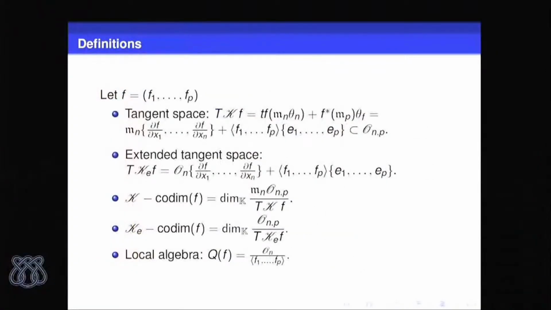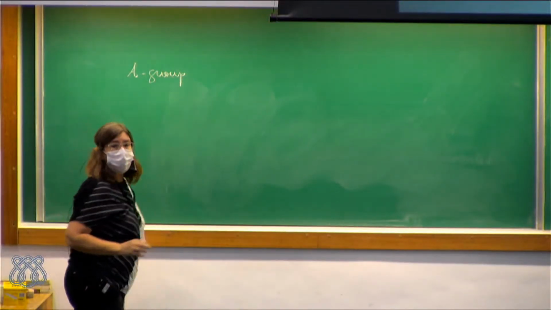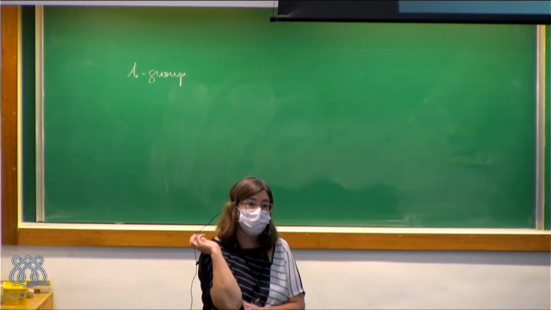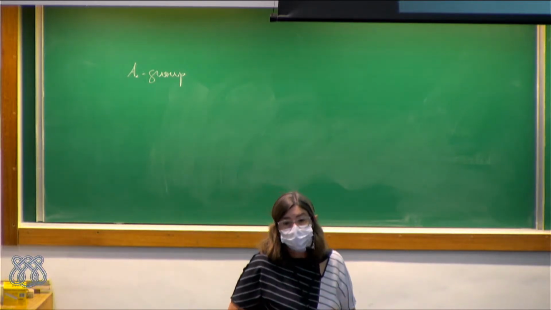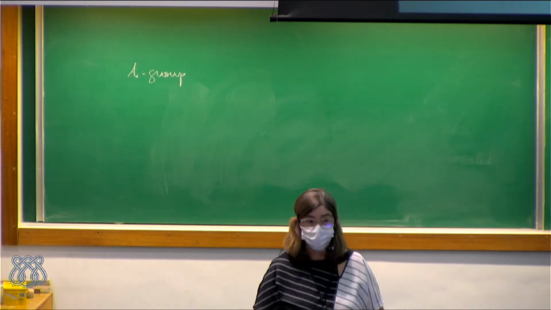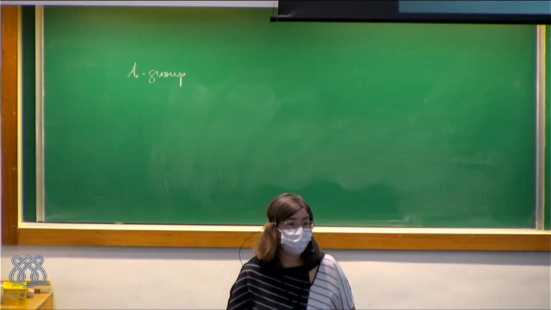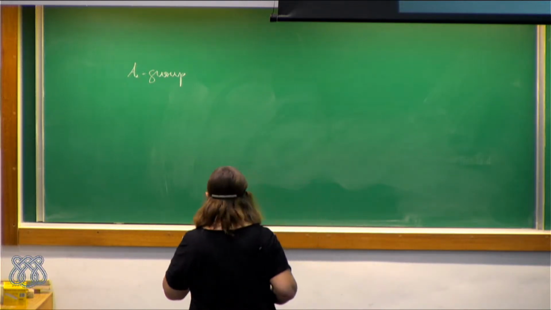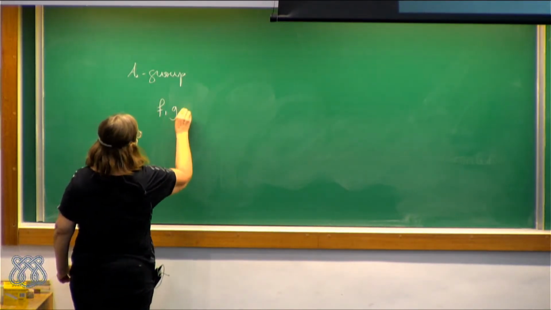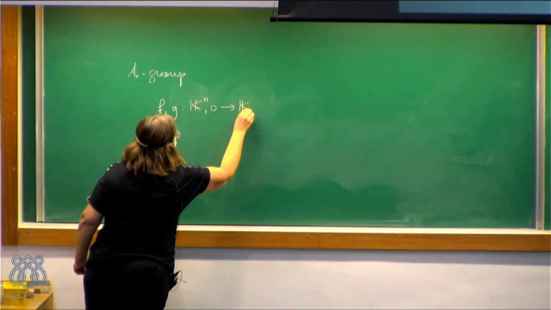Bruna also defined the A group. And we've seen in the first part last year of this mini course that if two germs are A equivalent, they are K equivalent. And we need this result for this edition now. Just to remind you something. So you have F and G from K^n to K^p.